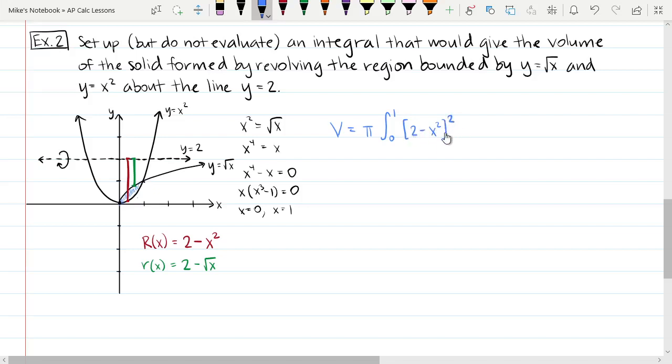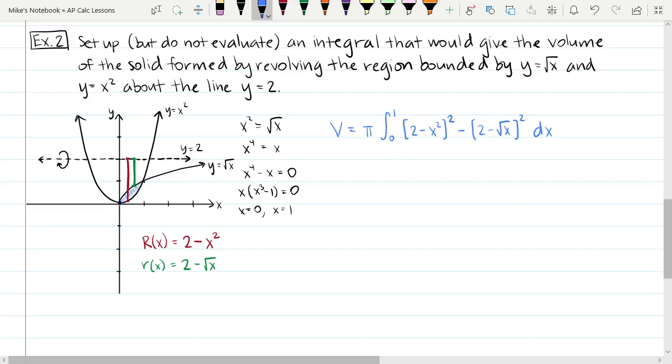And by the way, I use brackets. You can use parentheses. It doesn't really matter. Minus 2 minus the square root of x squared dx. And this should be your integral that would give the volume if we were to revolve this little blue region around y equals 2.